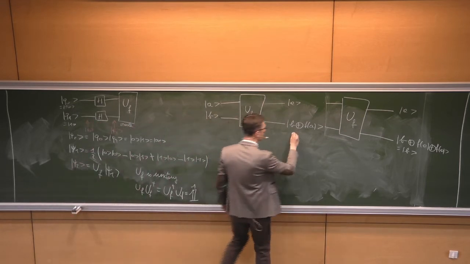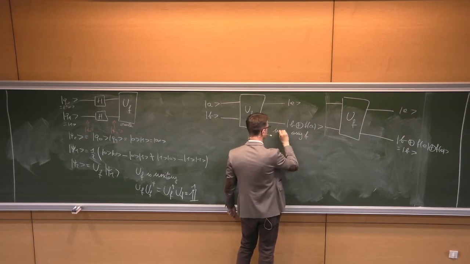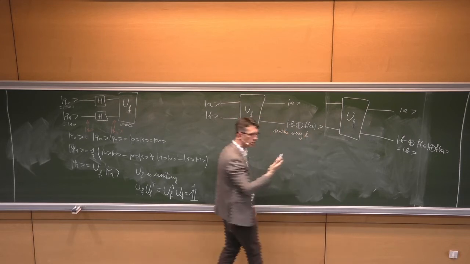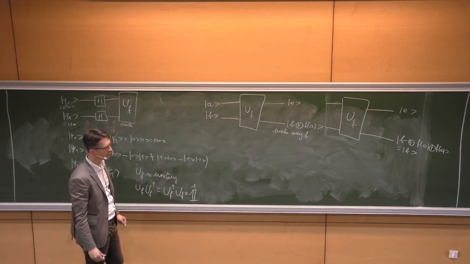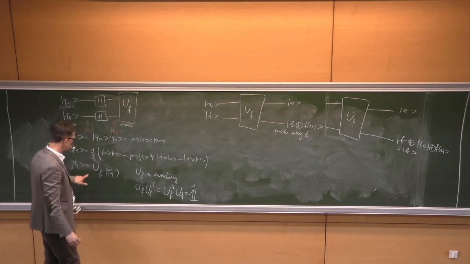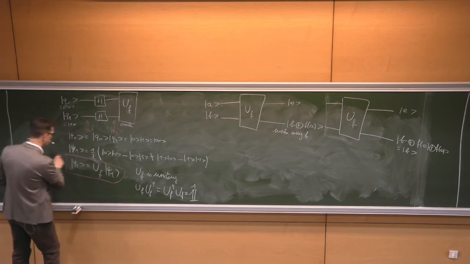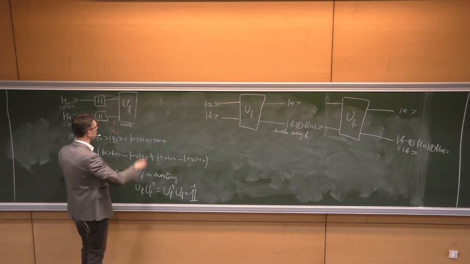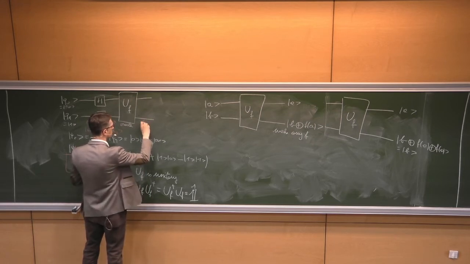So that works for any f, in particular the one I want to look for. Let's see what that does. Now I've got two outputs, and I am at psi 2.